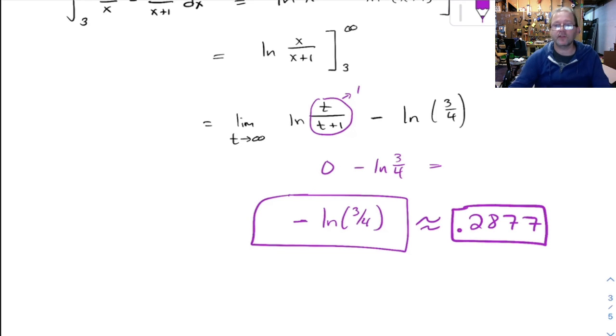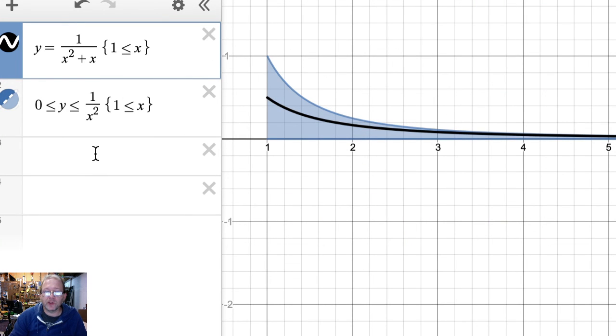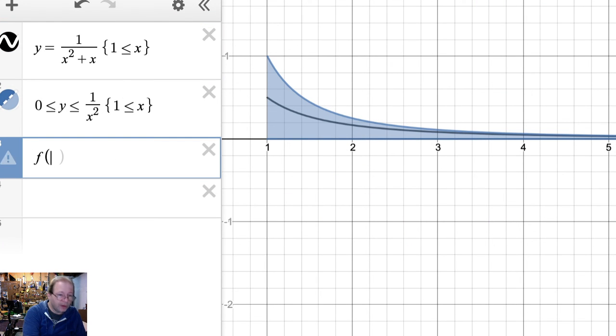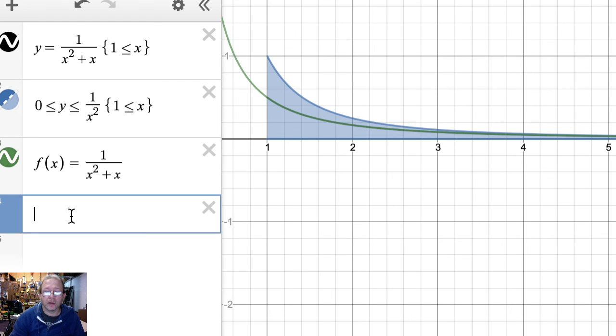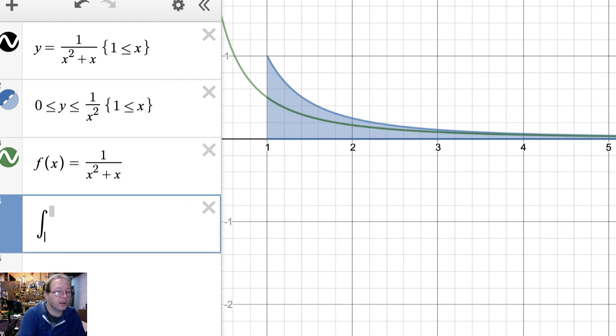And just for fun, let's look at what Desmos gives us if we graph that. So we're looking for it to be 0.2877. F of x is, what was our original function? 1 over x squared plus x. And we're supposed to take the integral of that from 3 to infinity.